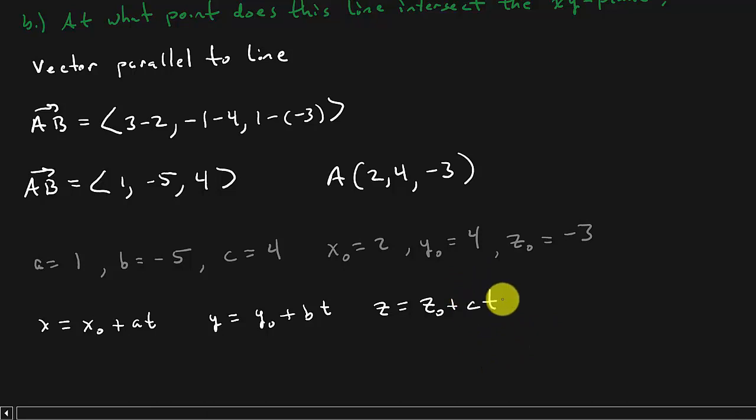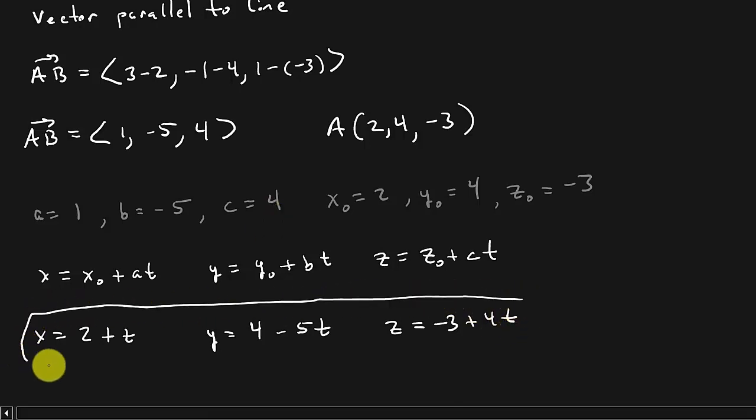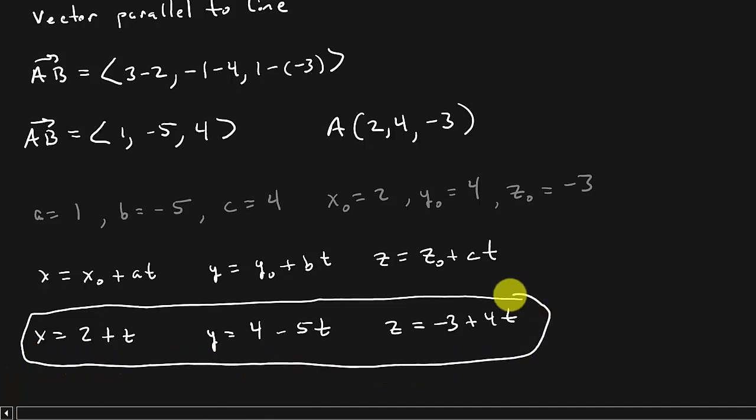We saw that earlier. So look, all you're doing is plugging that in. So I've got x is equal to 2 plus t. I get y is equal to 4 minus 5t. And I get z is equal to negative 3 plus 4t. And here are your parametric equations.